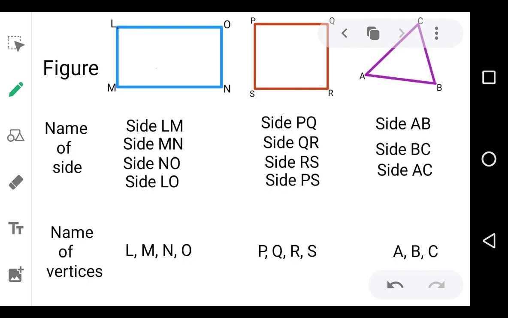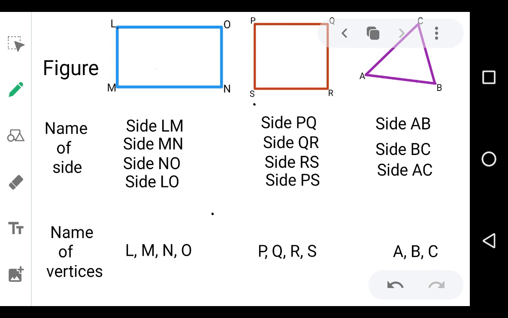Now see the next. Here we see the names of the vertices and the names of the sides. First we see the figure. How can we call these figures? See, rectangle LMNO and square PQRS, triangle ABC.